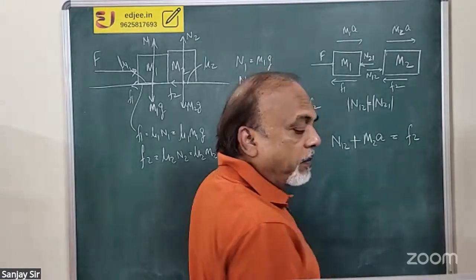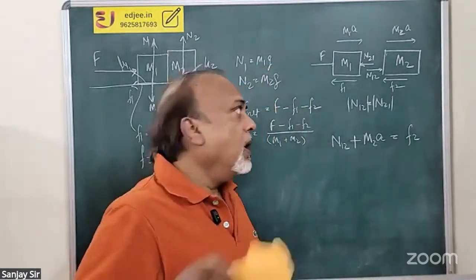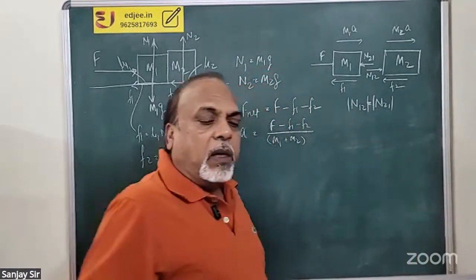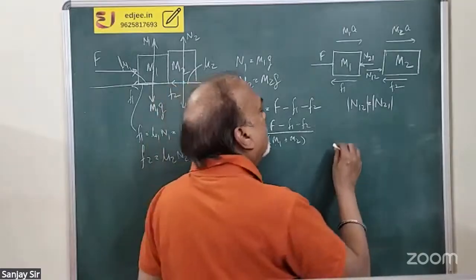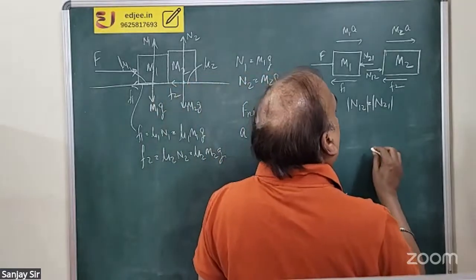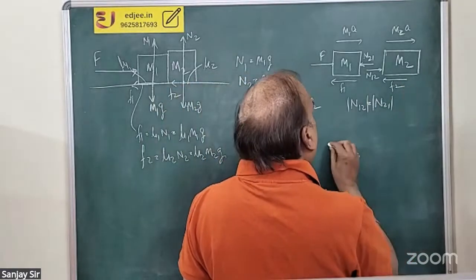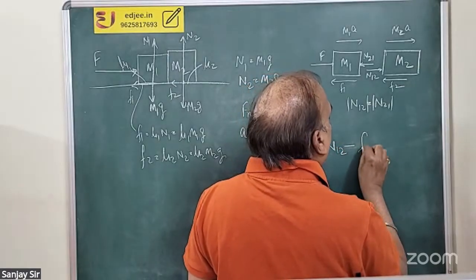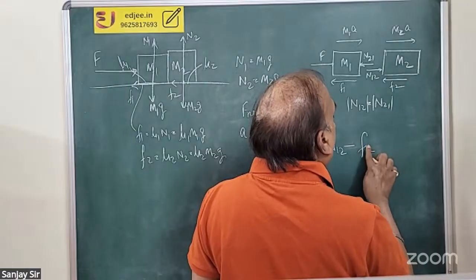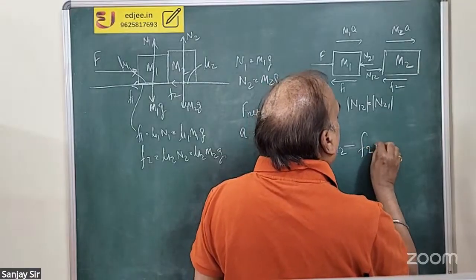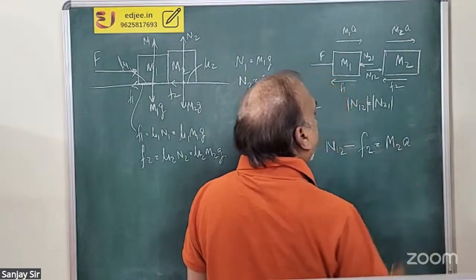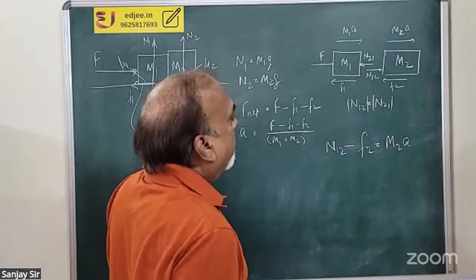Oh, sorry. No, no, it is not like this. Block is moving in the right direction. Correct? That means N12 minus F12 or F2, that must be equal to M2A. Correct?